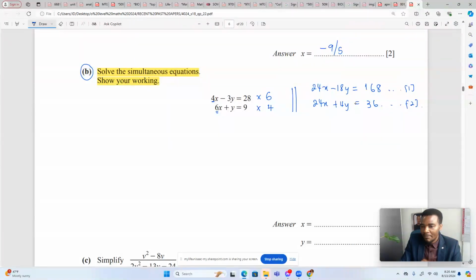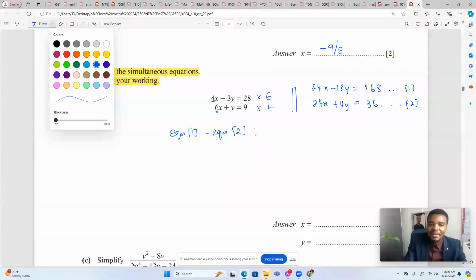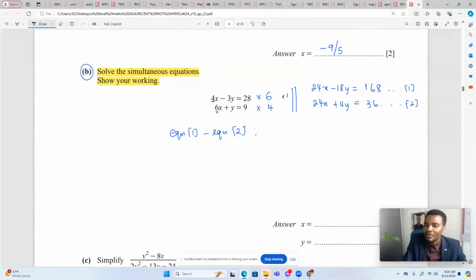And then on step number 3, you have to say equation 1 minus equation 2. Always say equation 1 minus equation 2. That's the procedure, only if you have multiplied these equations with the right coefficients. For example, let's say maybe we wanted to eliminate y. Here you're supposed to multiply by 1 because the coefficient of y in equation 2 is 1.